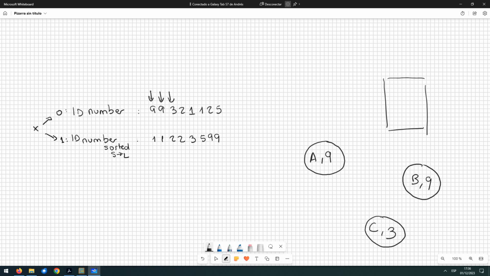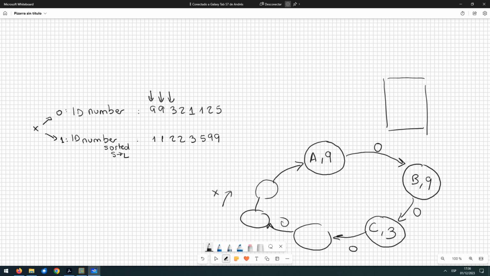But in class we saw that the arcs were empty because we didn't have input. Here the arcs are not going to be empty. This is going to happen when the input is 0. So my advice to design the system is to include all the states of the sequence for the input 0, etc., etc., until you have completed your H state for the input 0, completing all the sequence.